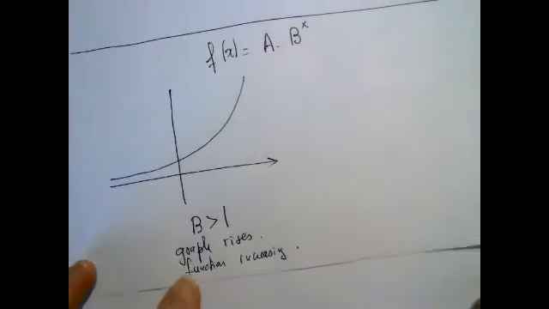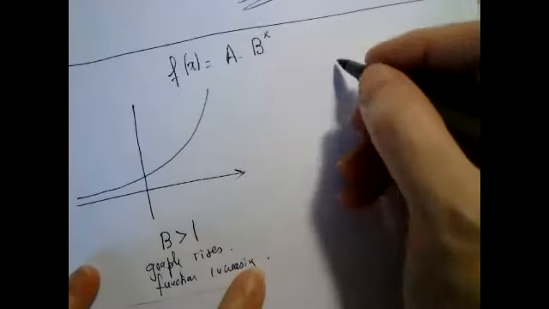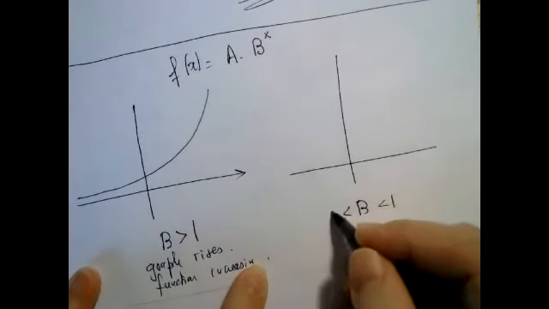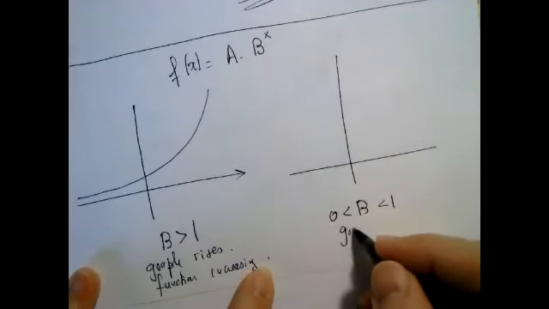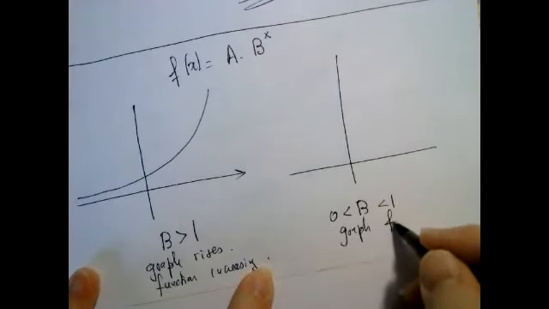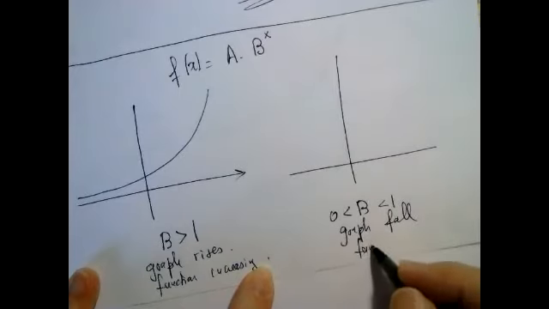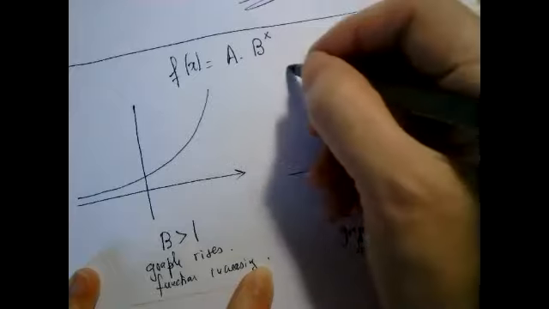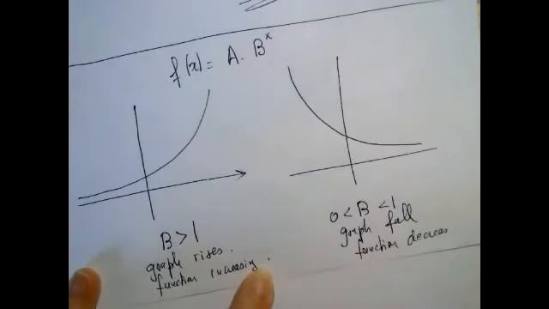So it's the b which tells me what's really happening. Now, if b is less than 1, but always positive, then the graph is going to fall, function decreases. You're going to have this kind of a picture.